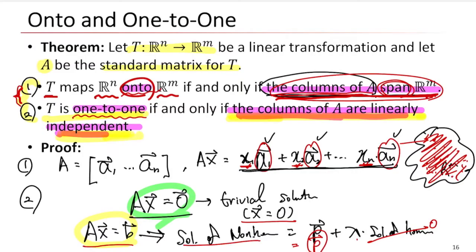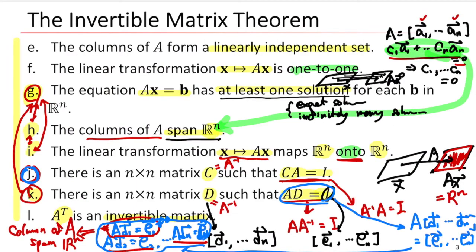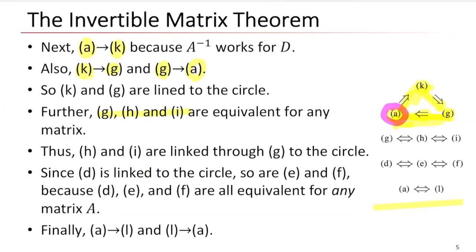We have to go back to lecture 4.3. This statement is true when the columns of A span the Rn space, then this transformation maps Rn space onto Rn space. So these three statements are all equivalent. So it means that G, H, I are linked and form a circle, so they are all related, right?